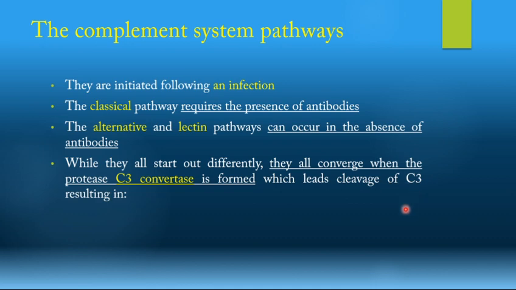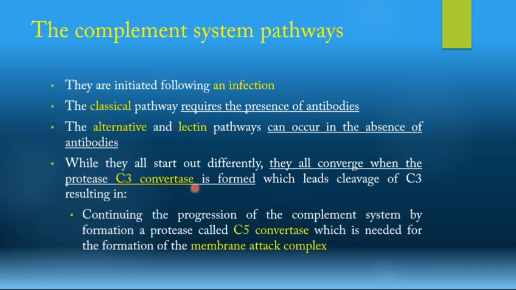This C3b is extremely important in the formation of C5 convertase, which is essential for the formation of the membrane attack complex. So once C3b is formed, C5 convertase can be formed, and the membrane attack complex can be formed. On the other hand, also, C3b can bind on the phagocytes and facilitate phagocytosis, basically, as we discussed earlier.